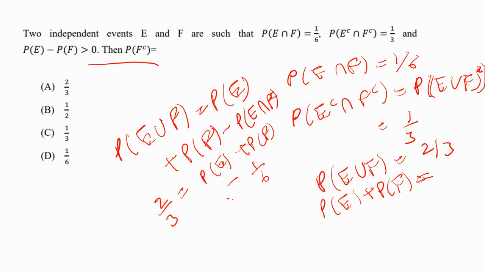So we will have 6, 4, 1. Is it 5 by 6? Yeah, I think so. And the condition we have given here is that probability of E minus probability of F is greater than 0.